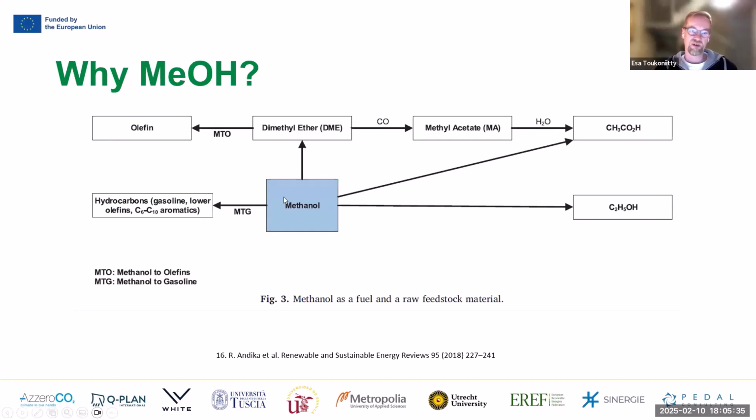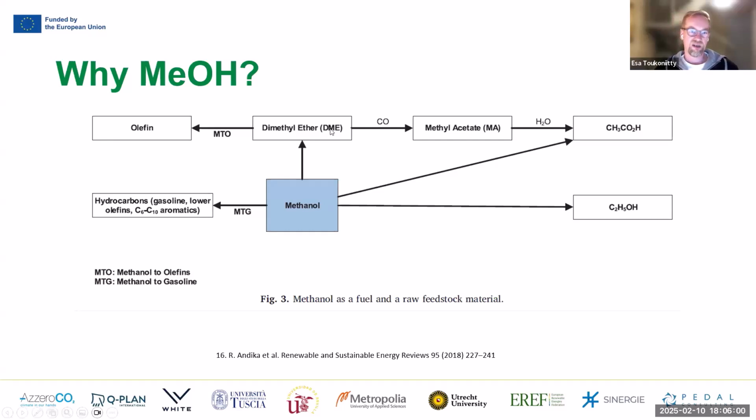Methanol is the simplest alcohol, so you can make ethers, dimethyl ether. This can be used as a fuel. And at regular ambient temperatures, it's a gaseous material. So this is not purely liquid, but if you slightly pressurize it, it liquefies.